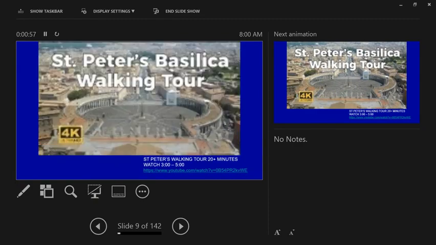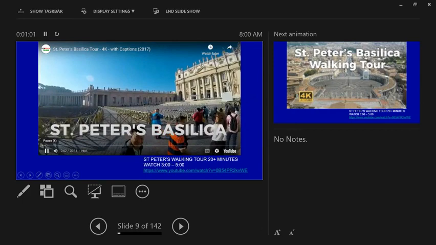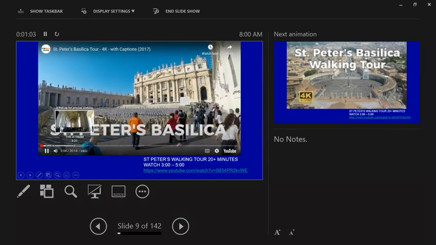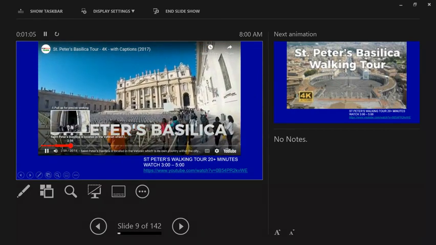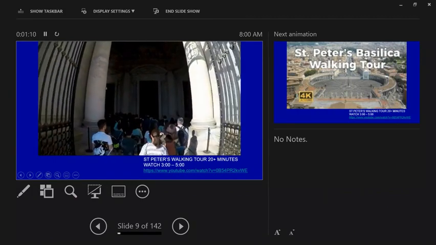All right, so let's take a walk up to St. Peter's. So these are the main doors of New St. Peter's.